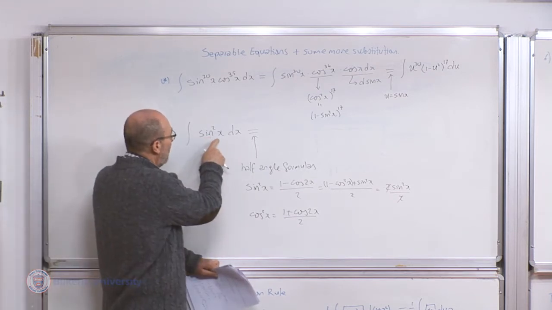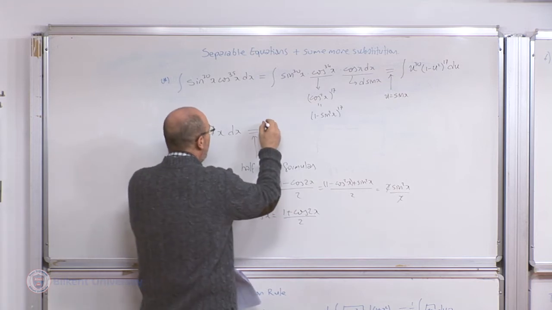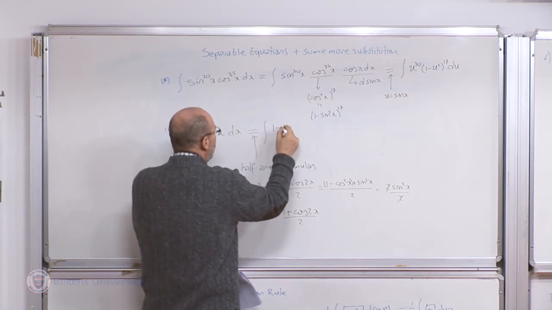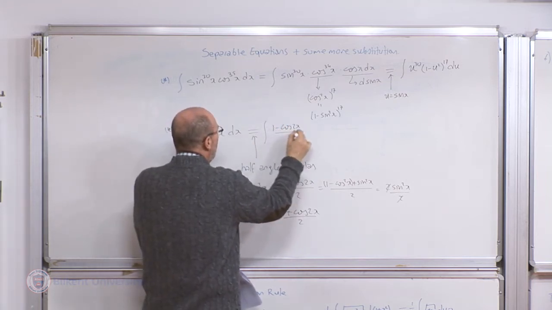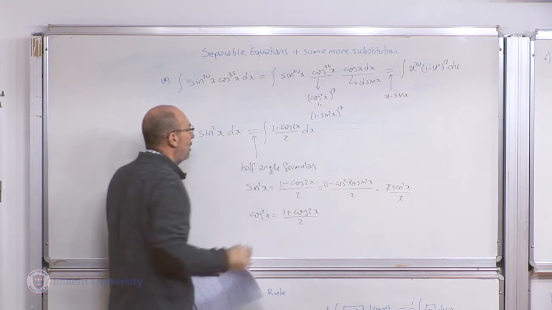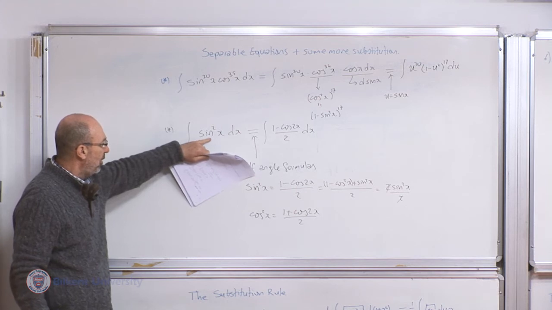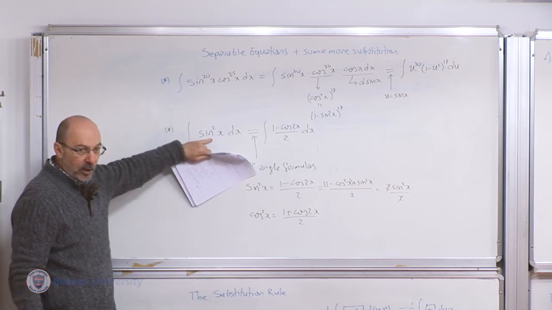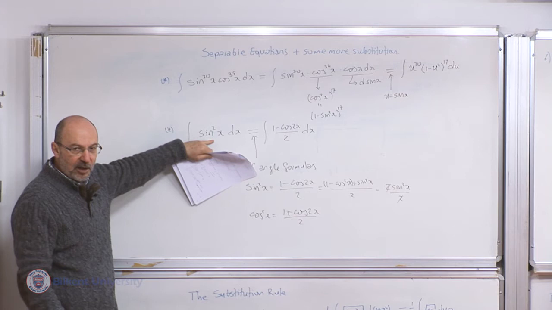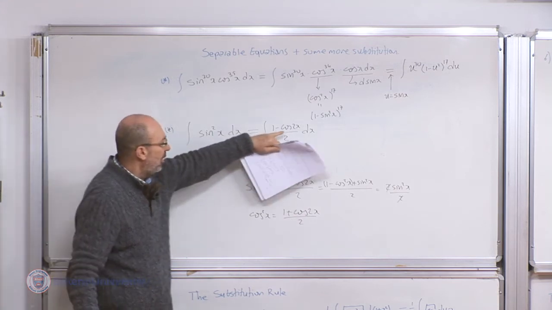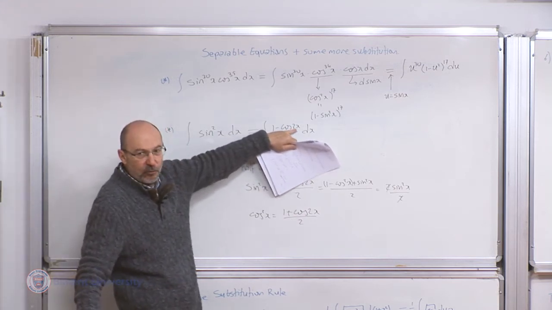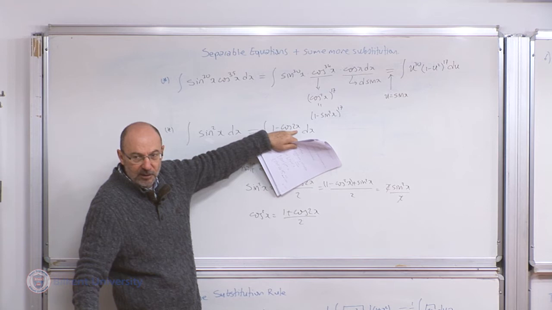Now instead of sine square x, I write this integral 1 minus cosine 2x over 2 dx. Now this is better than this one because I don't know how to integrate sine square x, but I know how to integrate cosine x. It doesn't matter if I have 5x, 2x, 7x inside, because the differential of the inside is just dx up to a constant.